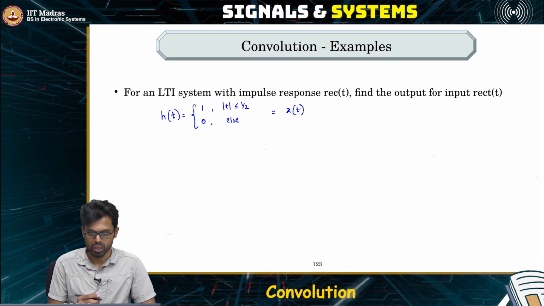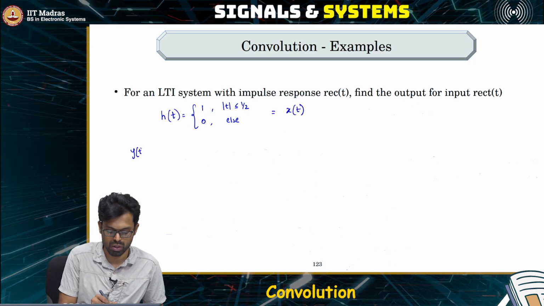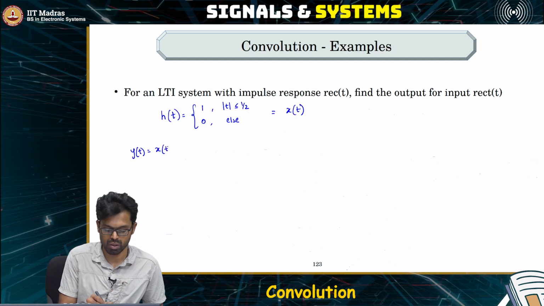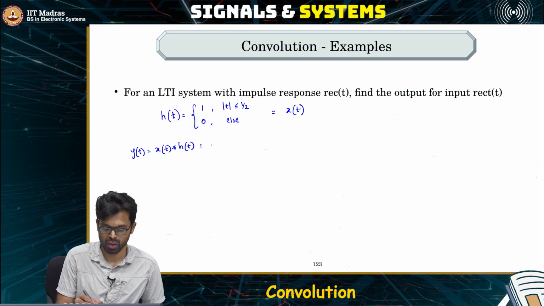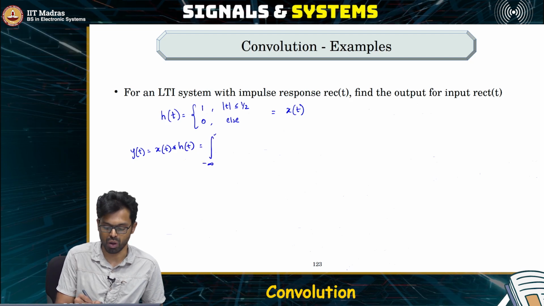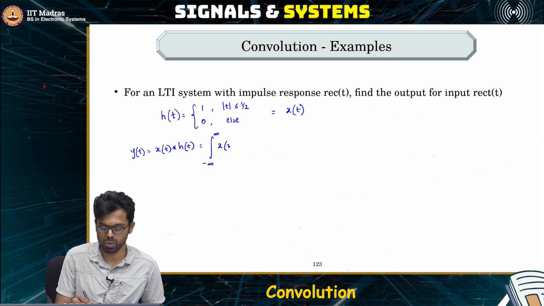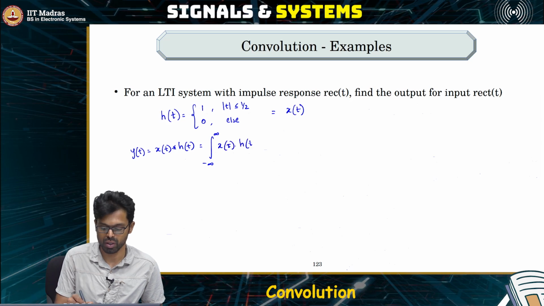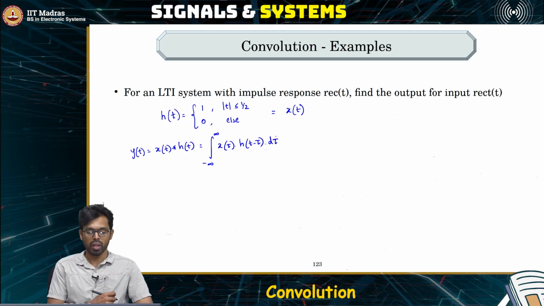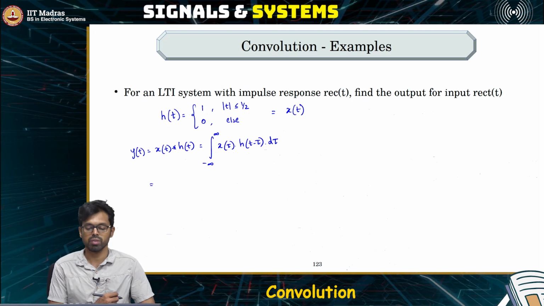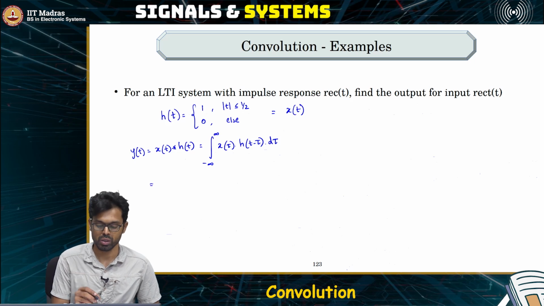Now what we need to do is find the output, which is the convolution of h of t and x of t, which is basically the integral we just saw: x of tau times h of t minus tau d tau. So what is x of tau? x of tau is 1.